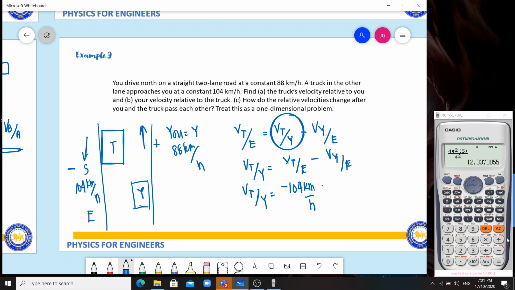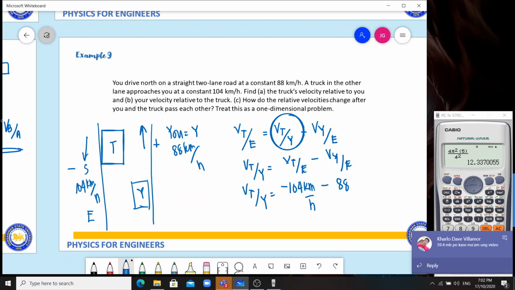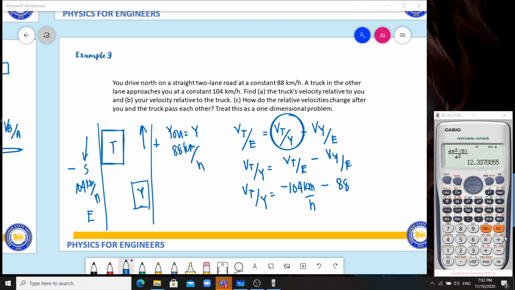Okay. Minus Vye, yung speed mo with relative to the stationary observer, which is positive 88 kilometer per hour.